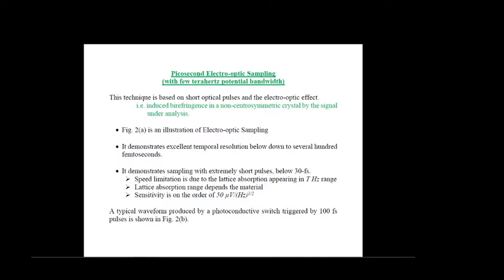But there is a speed limitation of this technique because of lattice absorption appearing in the terahertz range; it depends on the material you are using in the electro-optic sampling technique.